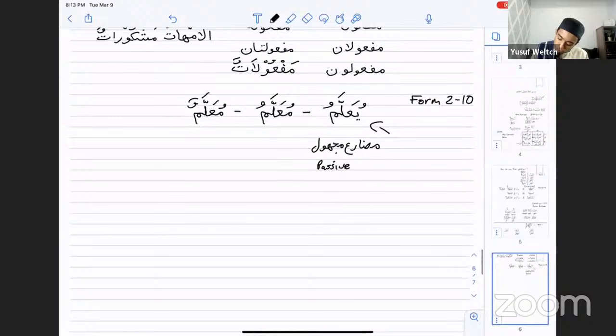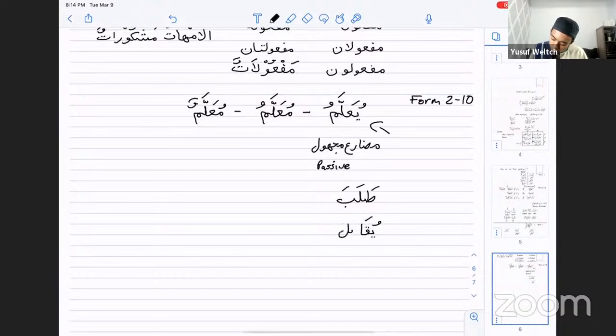Right, so if you use another example, let's give a good example. طلب, and يقاتل.